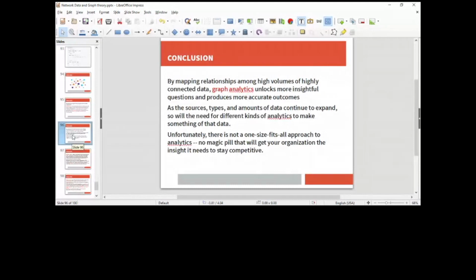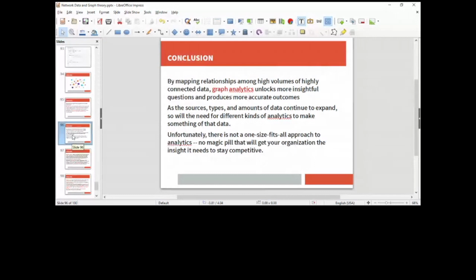So, mapping relationships among high volumes of highly connected data. Graph analytics unlock insightful questions and produces more accurate outcomes. This is a very powerful statement, and I need us all to understand. Graph data is very powerful. It's like looking for solutions to problems.